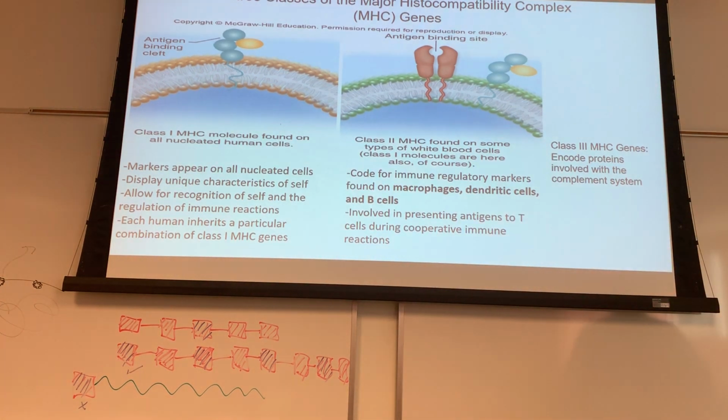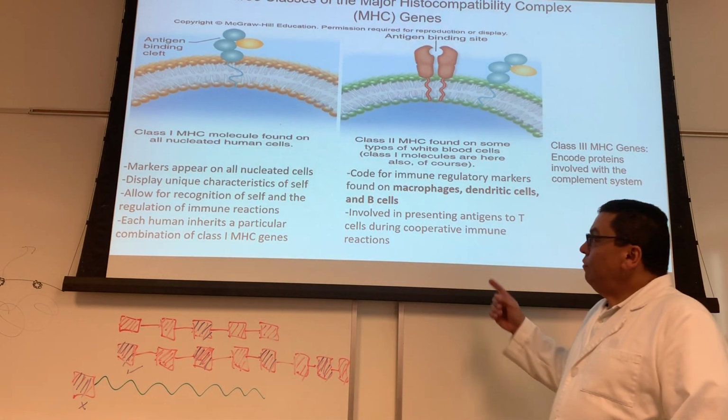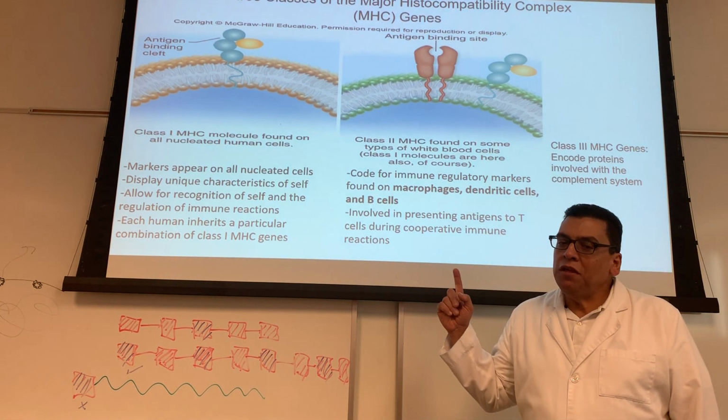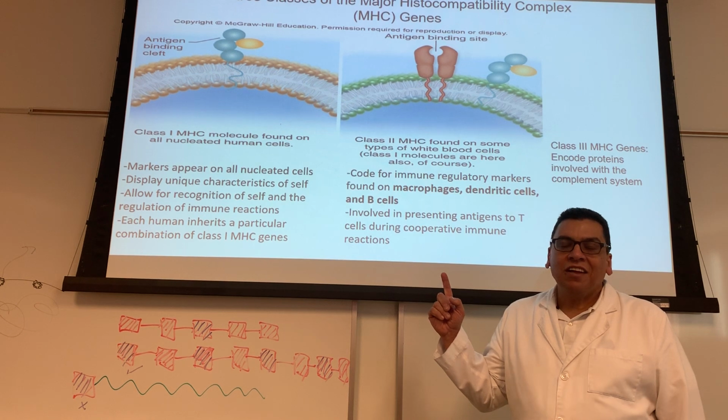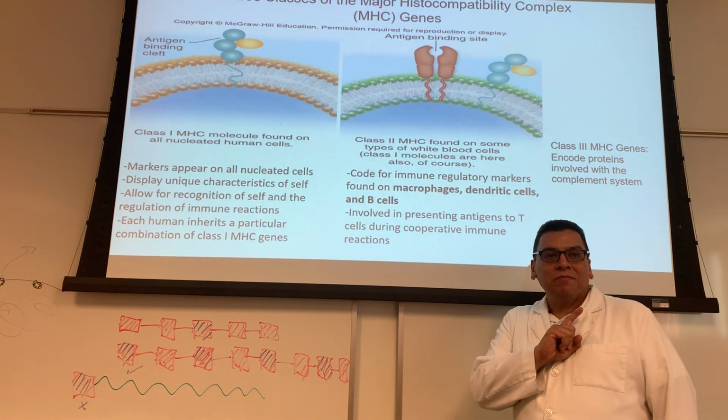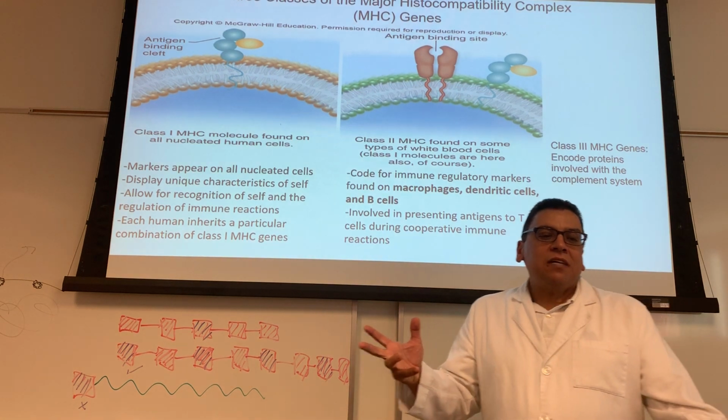So T cells are very good at what they do. But the problem with T cells is this. For you to activate them, you need to tell them who the antigen is. And then once you activate them, now they know what to do. So I'm a T cell.